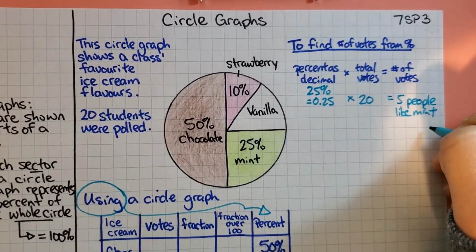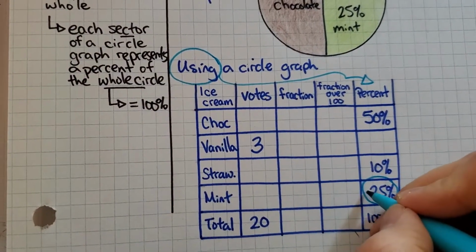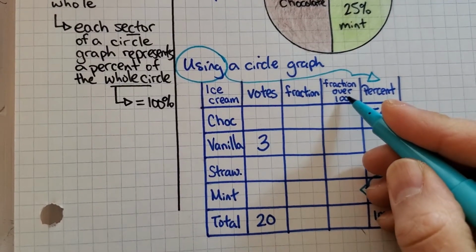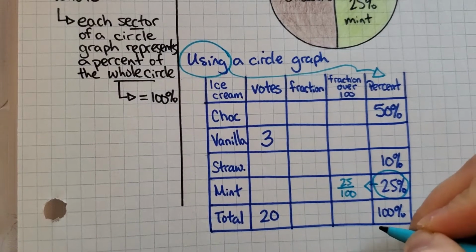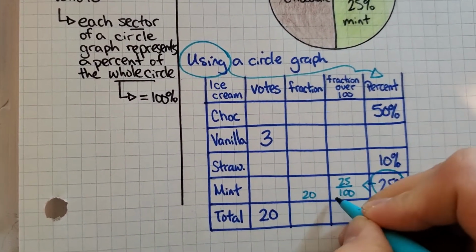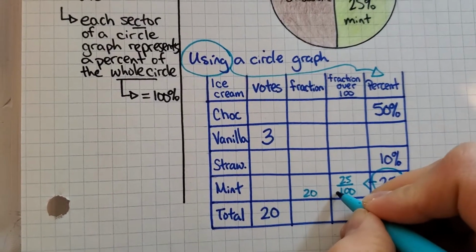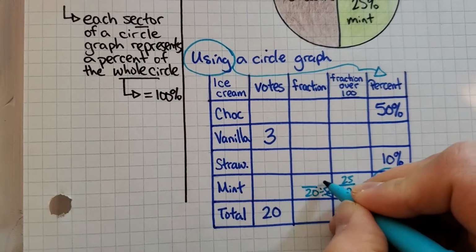Okay, that's one way. Another way is we can go this way. 25%. If we write that as a fraction over 100, that's 25 over 100. If we write that as a fraction over 20, to get it over 20, going this way, we need to divide by 5. Whatever we do to the bottom, we do the top.